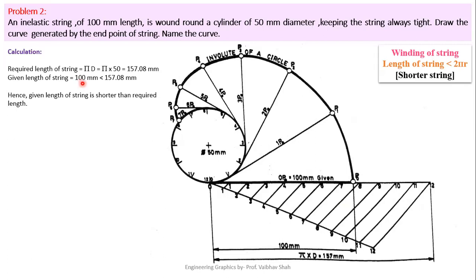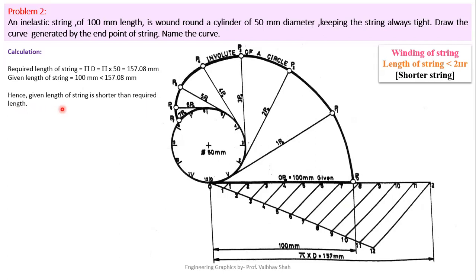Now once again we are having two different lengths, 157.08 mm and 100 mm. Let us compare both of these lengths. While comparing, we can see that 100 mm is shorter as compared to 157.08, the required length of string. So hence, the given length of string is shorter than the required length. Very simple. So here we are having the shorter length of string.